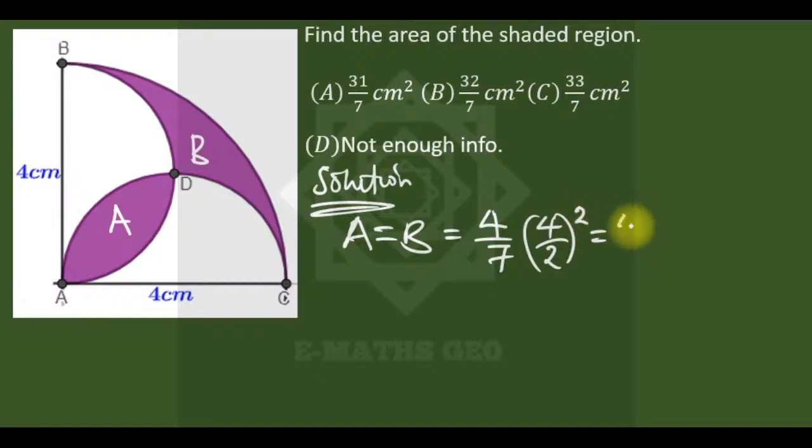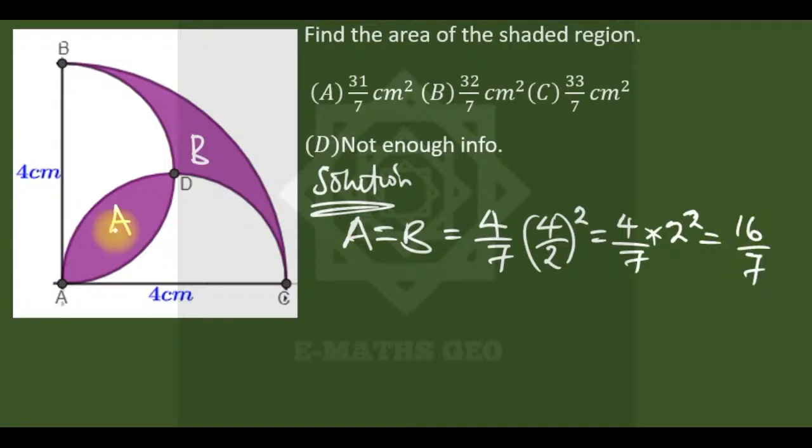So we have 4 over 7 times 2 squared, which is 16 over 7.